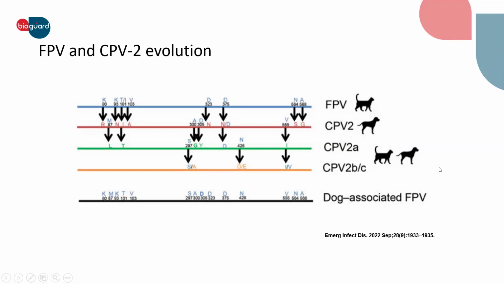In Taiwan, right now, there are all three variants, CPV2A, 2B, and 2C. And these CPV2A, 2B, and 2C can also infect cats.